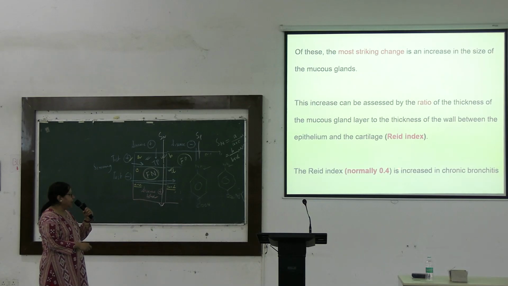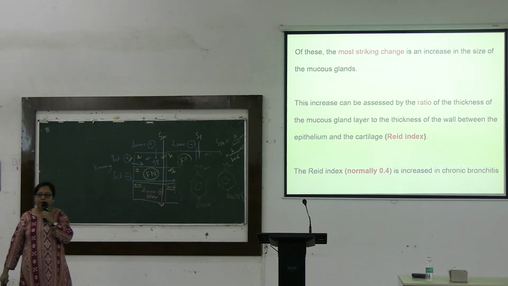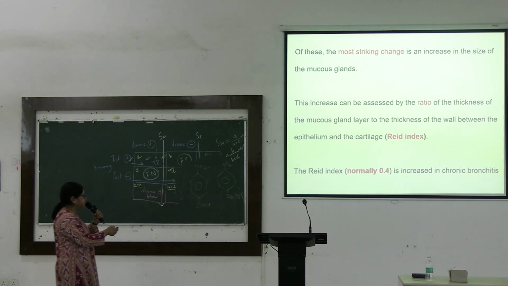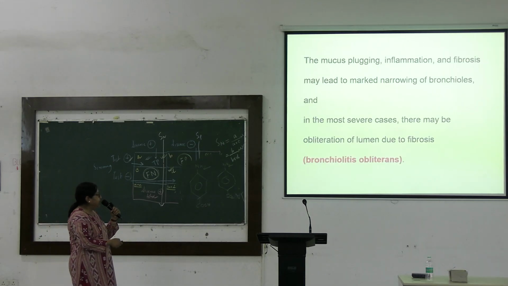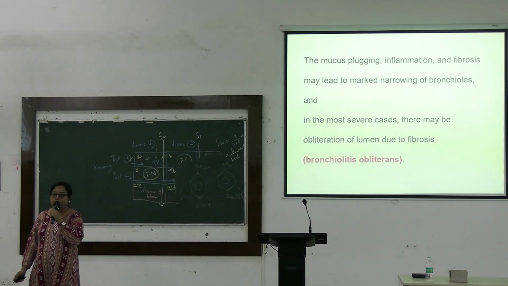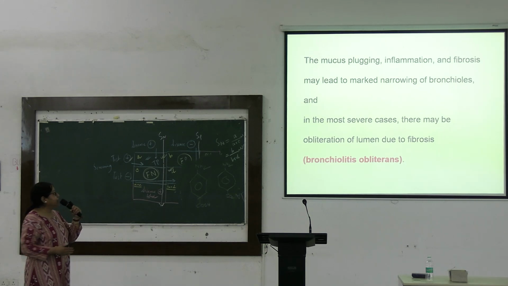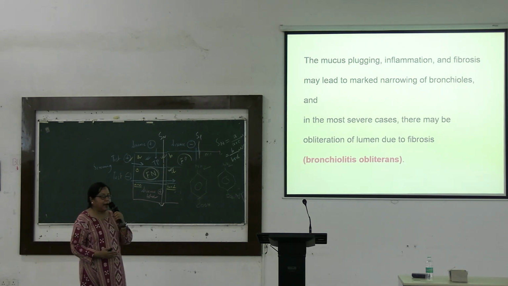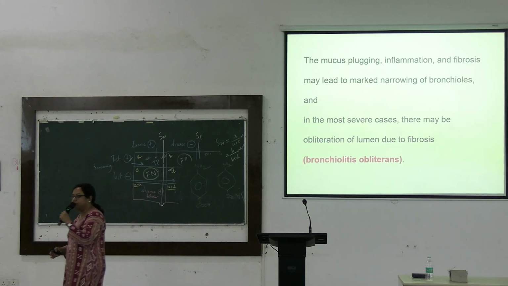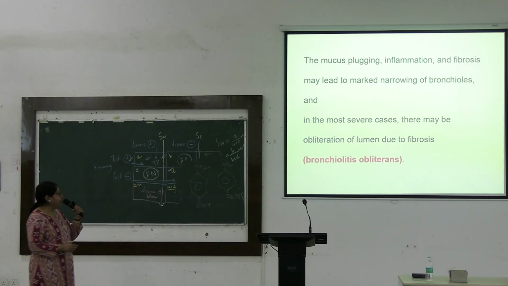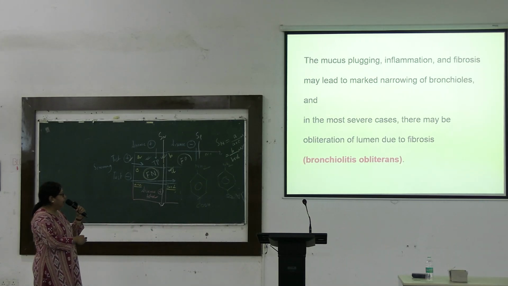So normally the Reid index is 0.4, but in chronic bronchitis it is increased. So there is also another term, bronchiolitis obliterans. What is that? Due to the excessive mucus plugging, inflammation and fibrosis, there will be obliteration of the lumen.